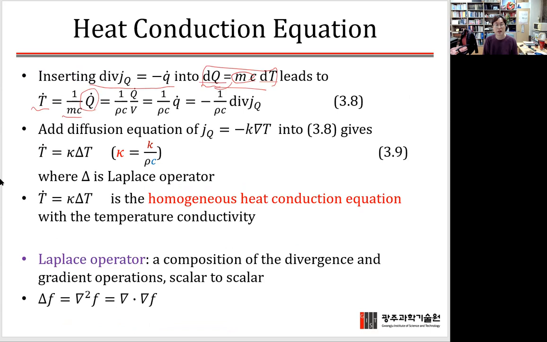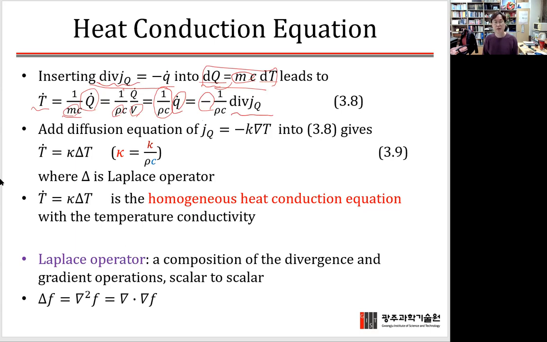Since m is the density multiplied with the volume, this is 1 over rho C, and then Q dot over volume, which is representing the lowercase q per volume. And since the lowercase q dot is the same as this divergence J_Q, you can have a minus here and the divergence of J_Q.